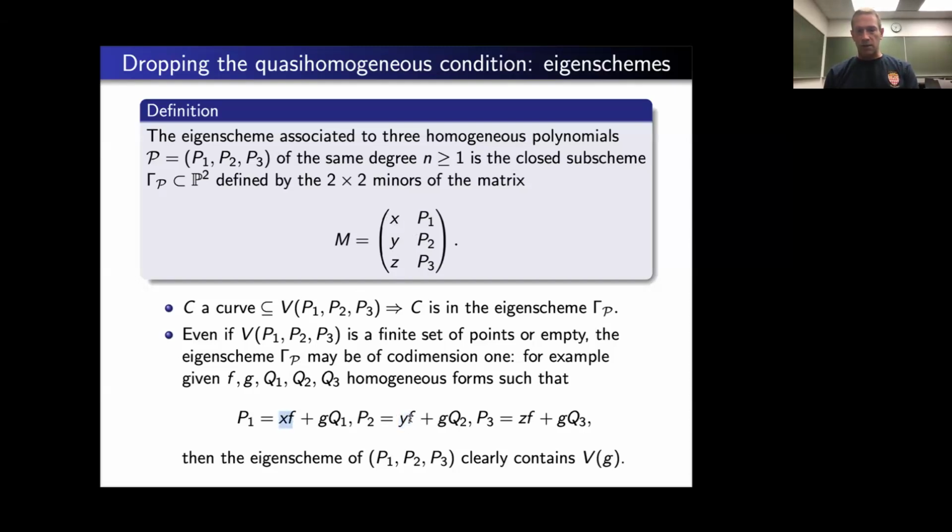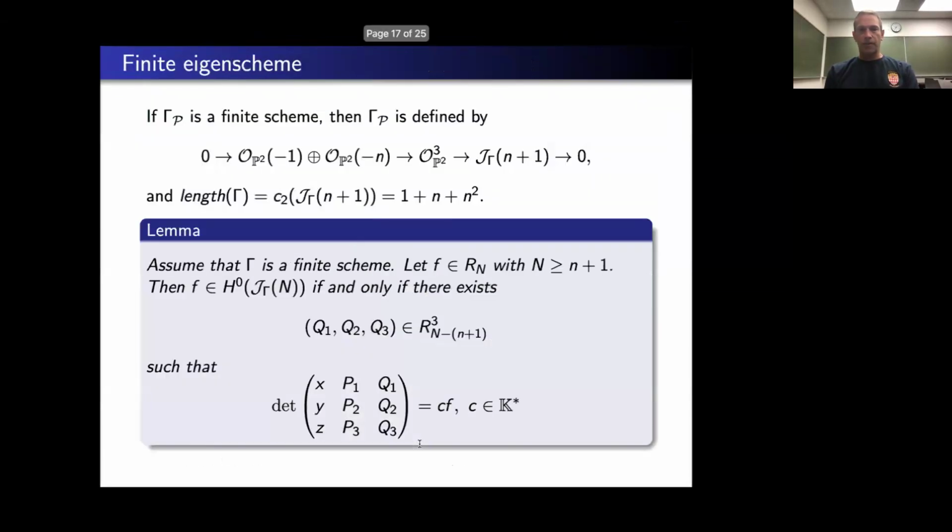So those two pieces will cancel, and I get something times g: y times Q1 and an x times Q2. So clearly that 2x2 minor, given by the top 2x2, will have a factor of g, but that's a symmetric condition. So the eigenscheme will have V(g) in it. So the behavior of this eigenscheme seems perhaps a little mysterious.